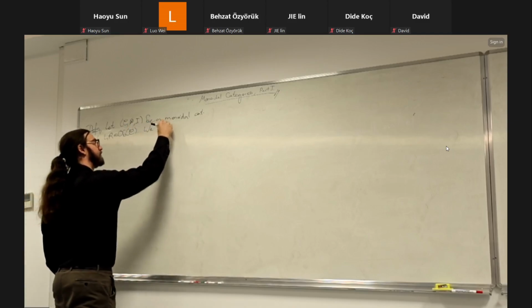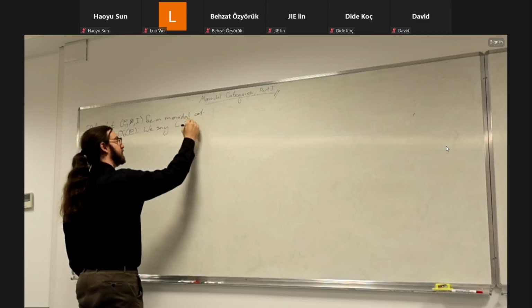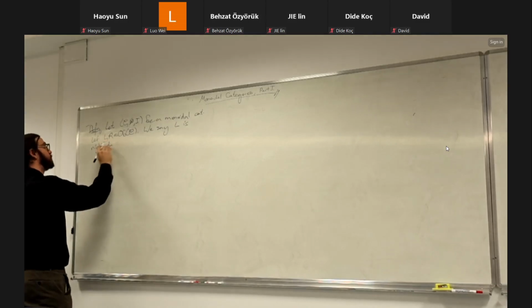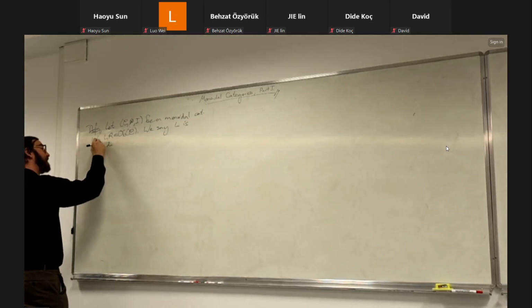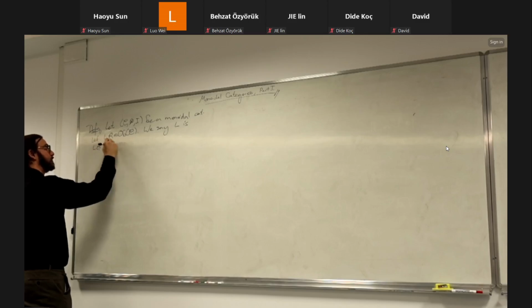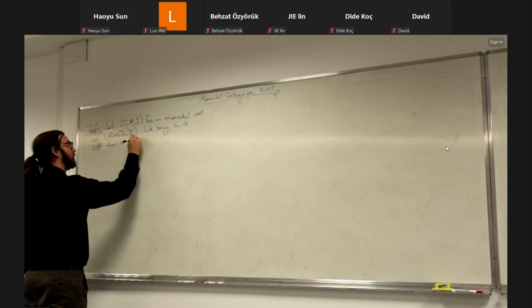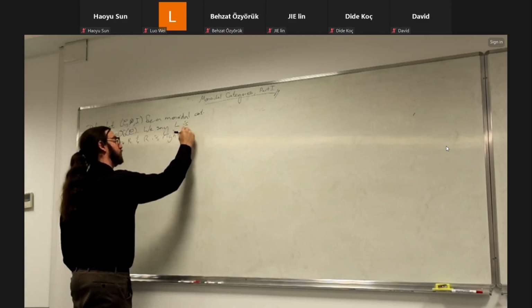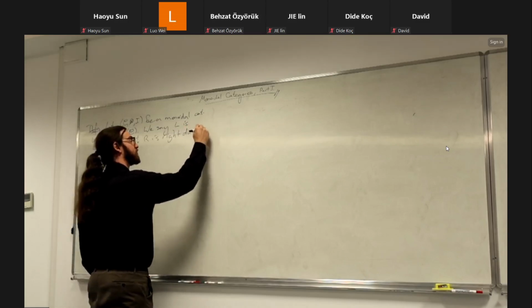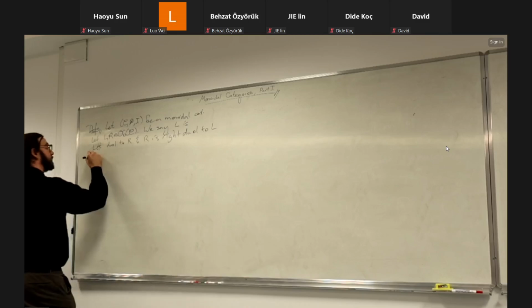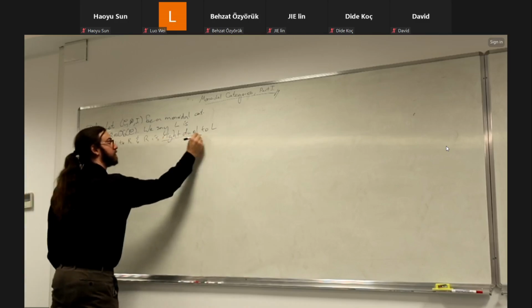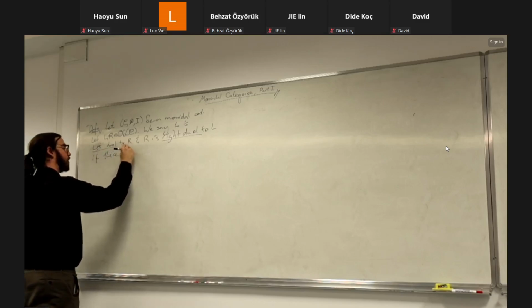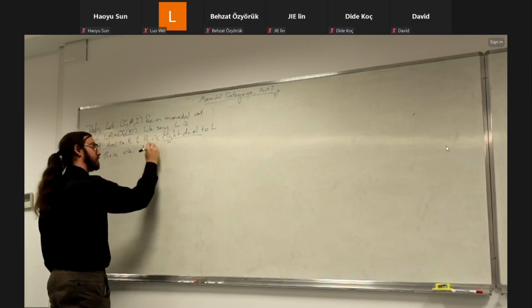We say L is left dual to R, and R is right dual to L, if there are duality data.